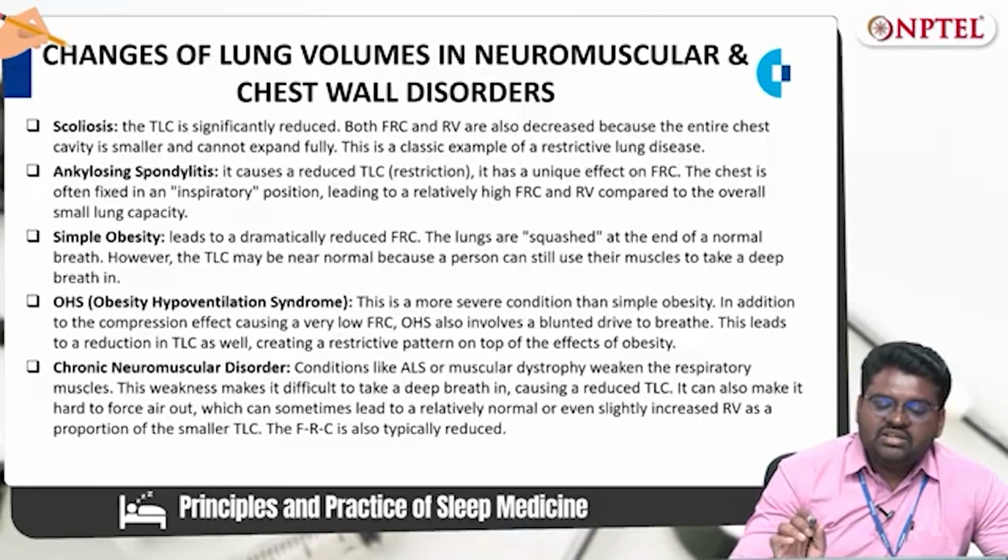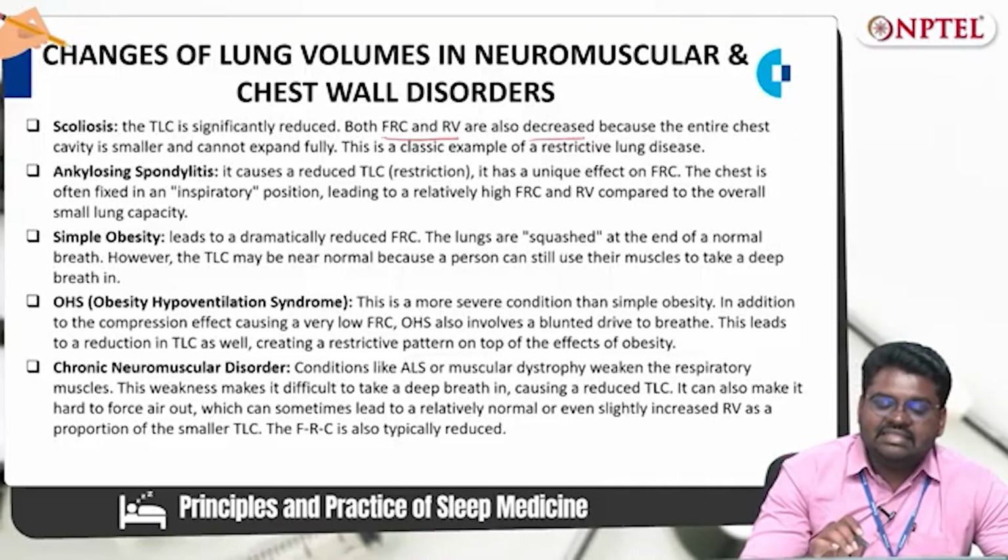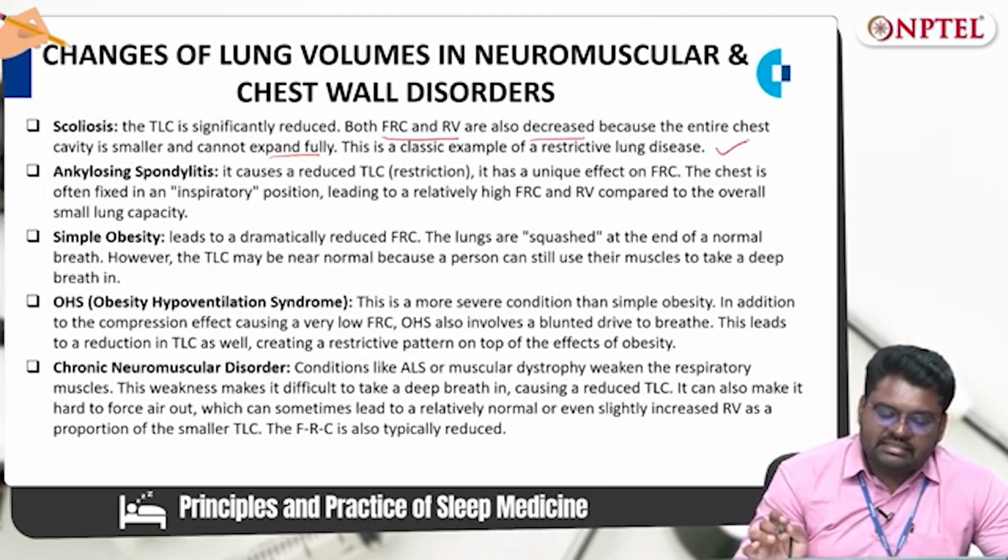In scoliosis, the TLC is significantly reduced, and both FRC and residual volume are also decreased because the entire chest cavity is smaller and cannot expand fully. So this is a classic example of restrictive lung disease.